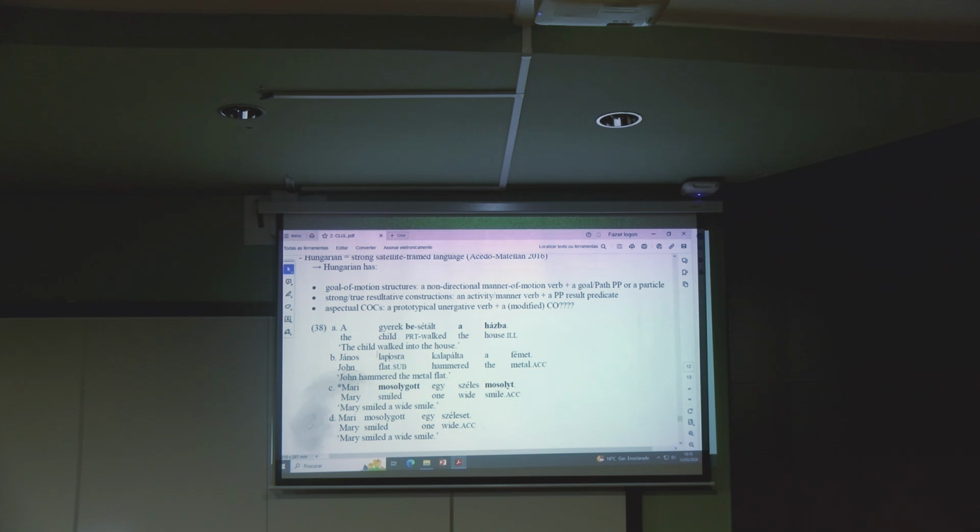Mosolygott egy széleset, an accusative case-marked pseudo-object, without this redundancy between the two building blocks of the construction. Mary smiled one wide with an accusative case marking, which is not, technically speaking, a cognate object construction. We have all these accusative case-marked adjectives which fulfill the function of the aspectual cognate object in the language.